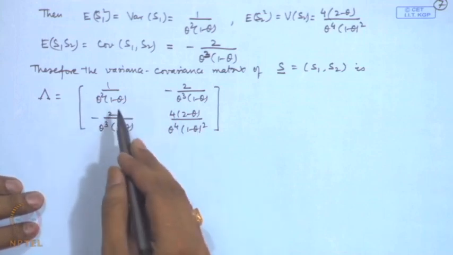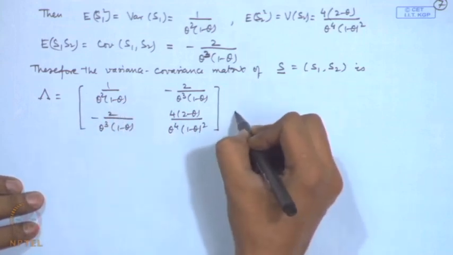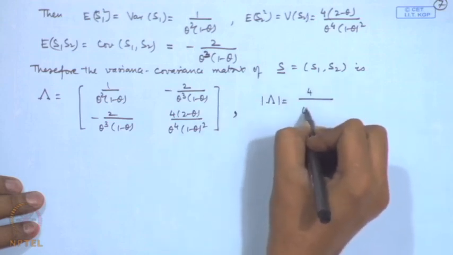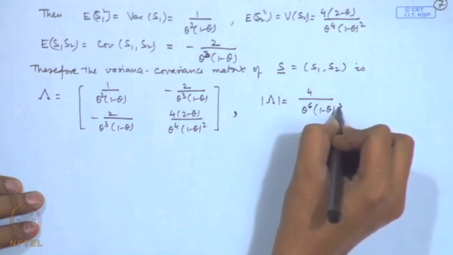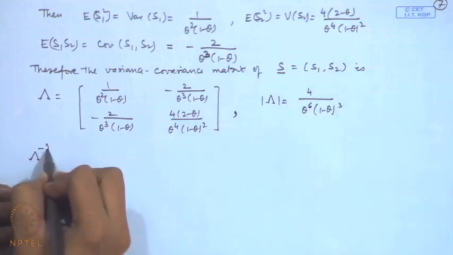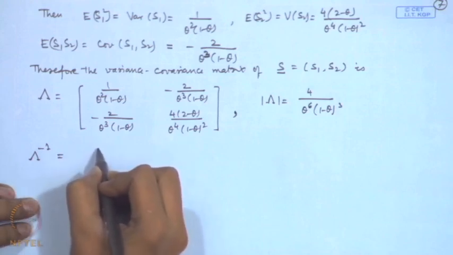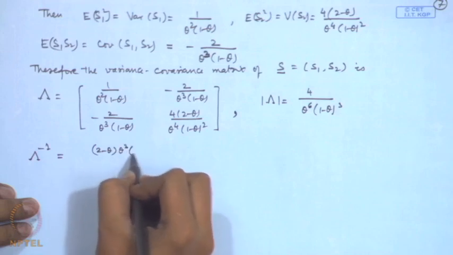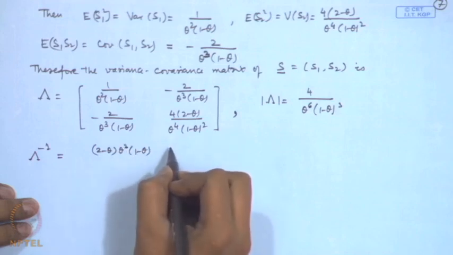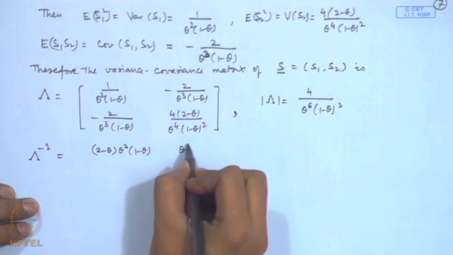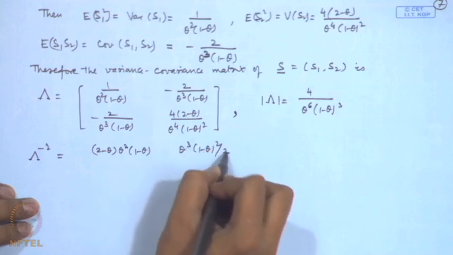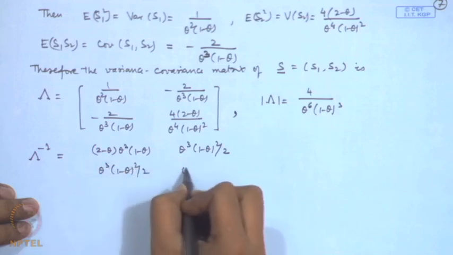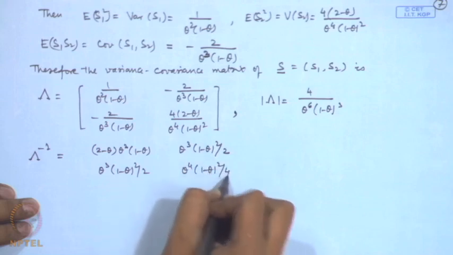Now, the inverse of this can be written easily. If we look at the determinant of this, it is 4 divided by theta to the power 6 into (1 - theta) cube, and the inverse is then simply obtained as theta square (2 - theta)... into (1 - theta) cube, (1 - theta) square by 2 theta cube into (1 - theta) square by 2 theta to the power 4 into (1 - theta) square by 4.